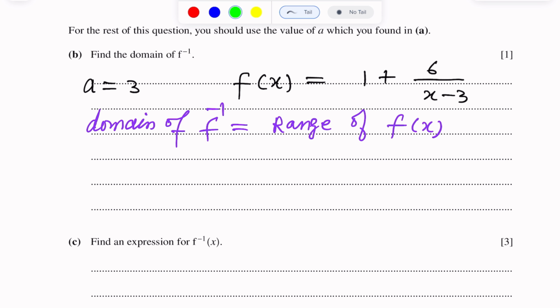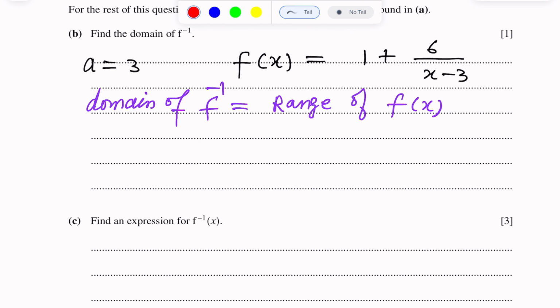Greater than 1, because something is added to 1. Because 1 plus this value, we always get the range of this function greater than 1.